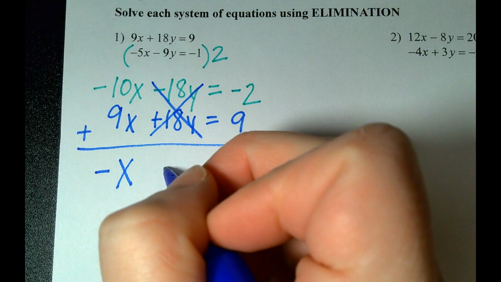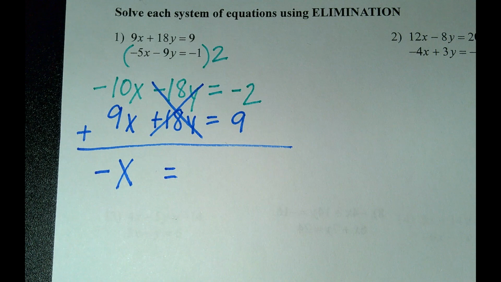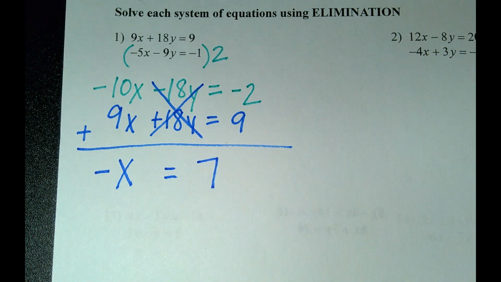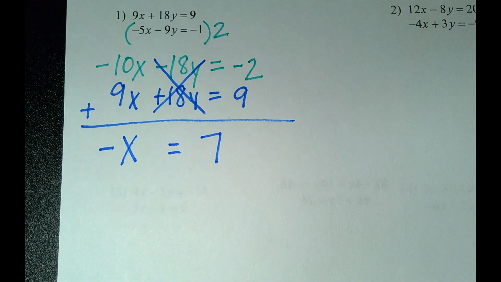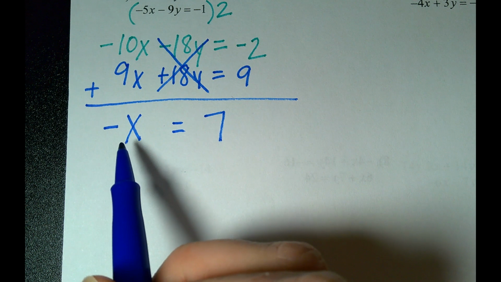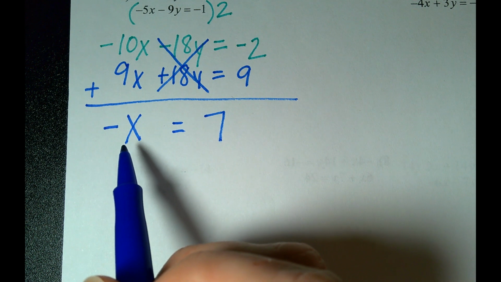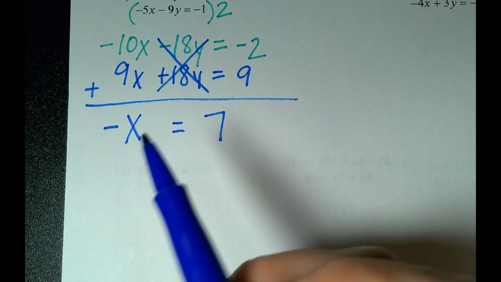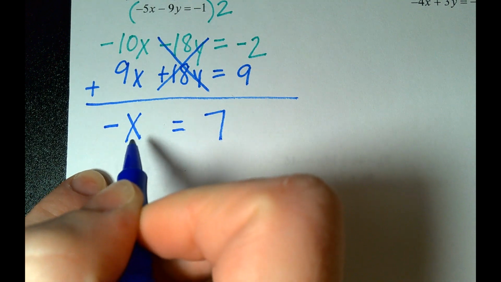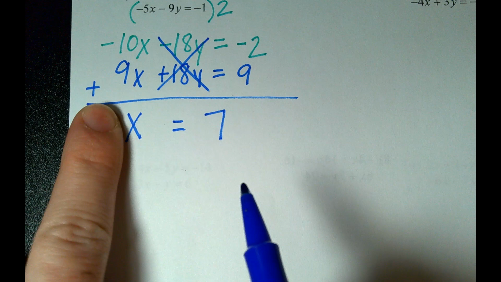So I'll bring down my equal sign next, and now I have negative 2 plus 9. What does that give me? 7. Okay, have I solved for x? Almost. I solved for negative x. I need x. What do I need to do? You can divide by negative 1 here, because we know that this really just means negative 1x, and I want positive x.